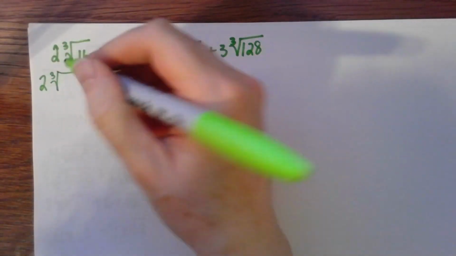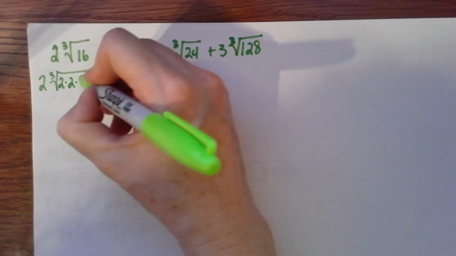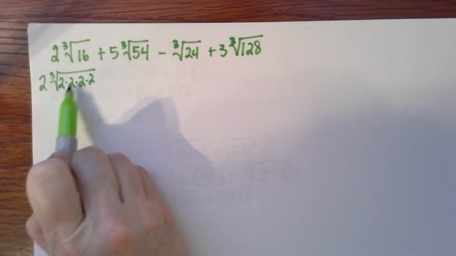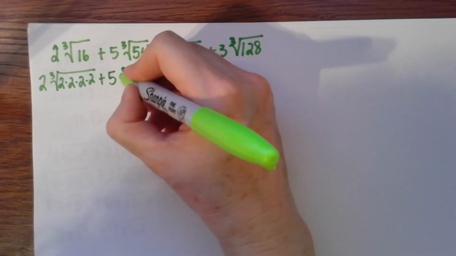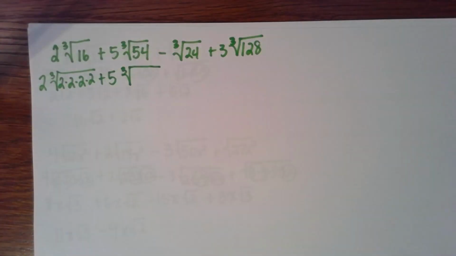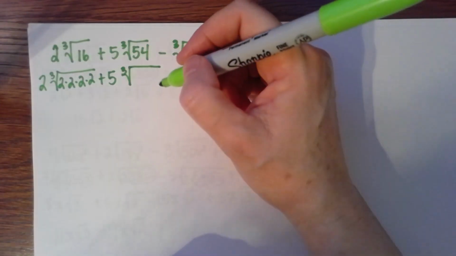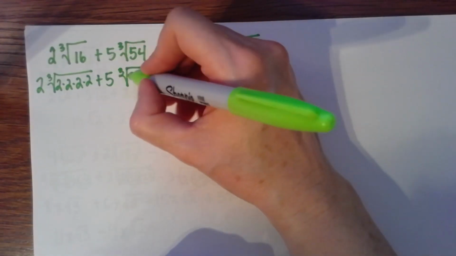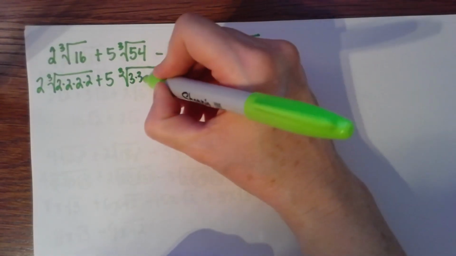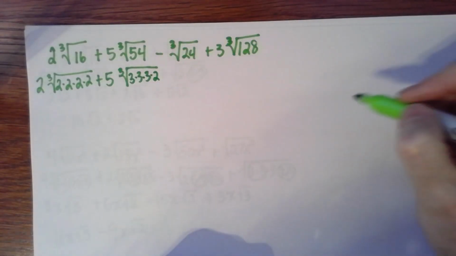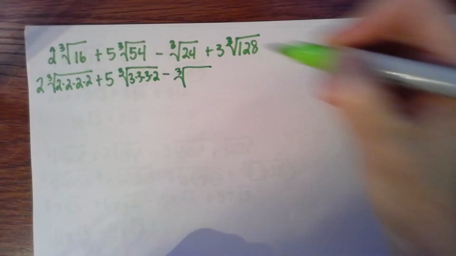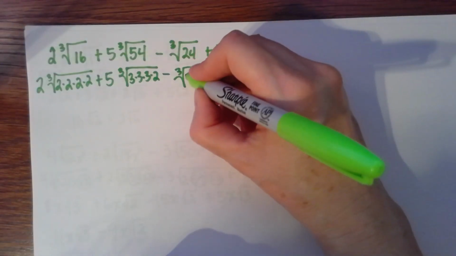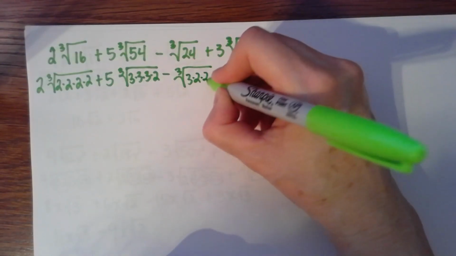So 16 is 2 times 2 times 2 times 2. That's like 4 times 4, right? Let's see. 54 is like 9 times 6, so 9 is 3 times 3, 6 is 3 times 2. All right, 24, that's like 6 times 4, 6 is 3 times 2, 4 is 2 times 2.